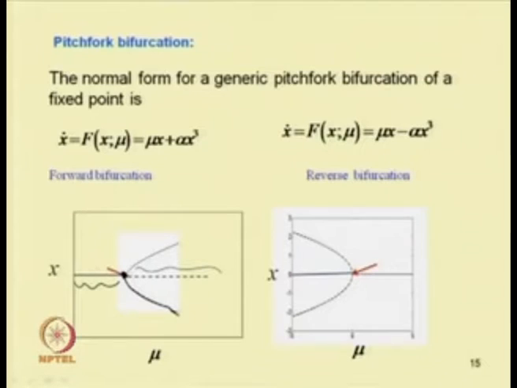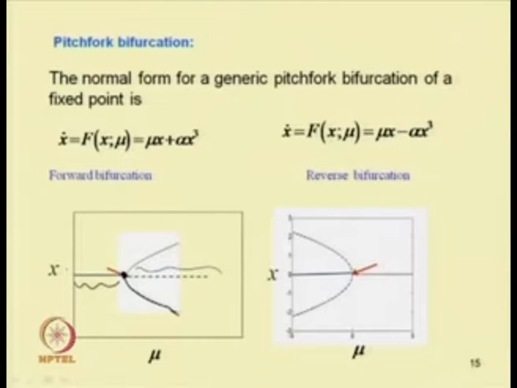So, in this case one can observe that by increasing the value of mu, one obtains the response, where the response up to 0, the trivial state, is stable. From the stable trivial state one obtains a non-trivial stable state and a trivial unstable state.